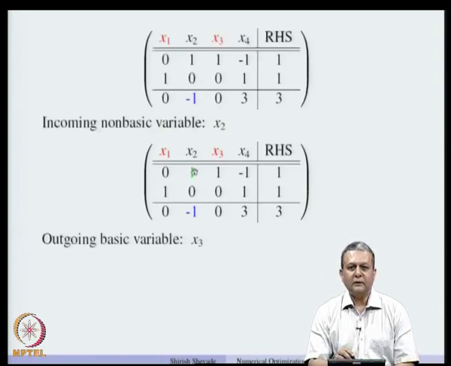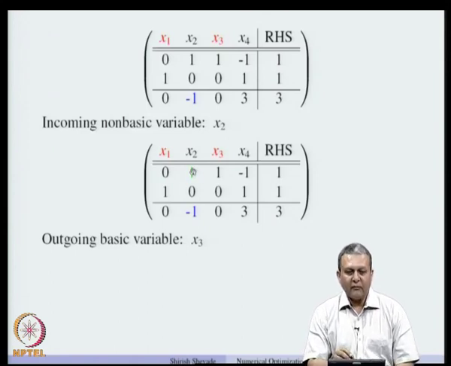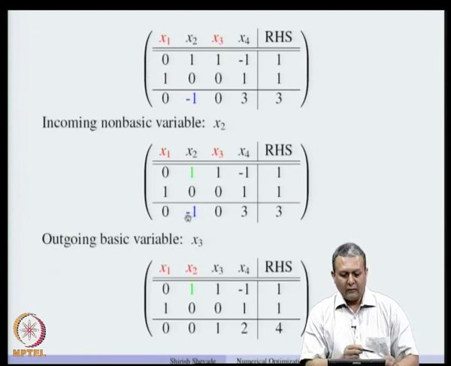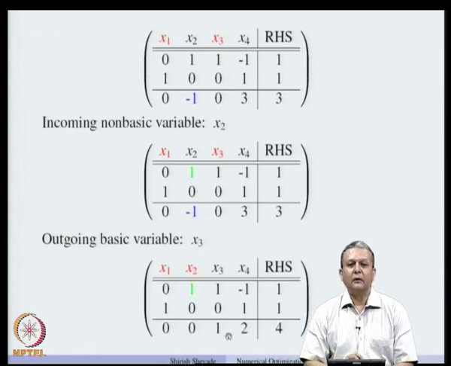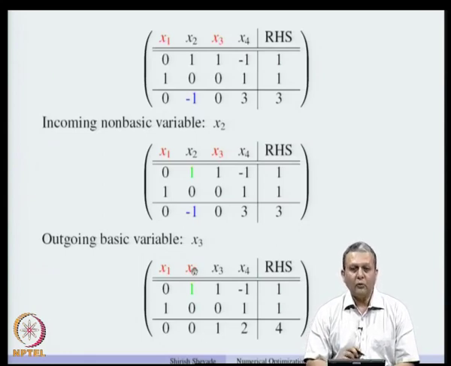And the next step is to make sure that all the entries in this column except this one are 0. So, that is done by multiplying the first row by 1 and adding it to the last row, and what we get is the tableau which is like this. Now, x1 and x2 are basic variables, where x2 is equal to 1, x1 is equal to 1.